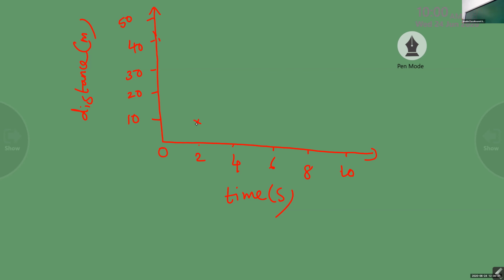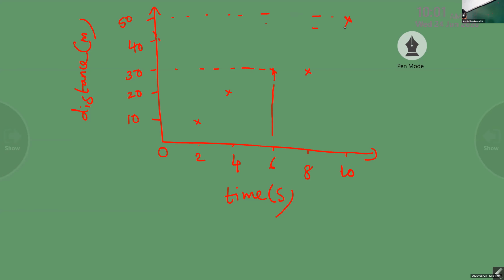Then 4 and 20. Then 6 and 30. Then 8 and 30, that also corresponding. Then 10, the last point. At 40 there is no point. 10 corresponding to 50 meter.